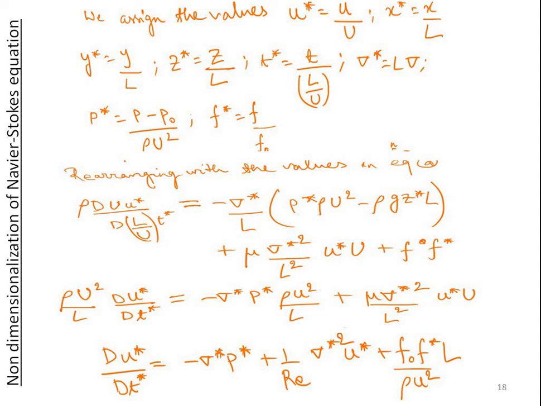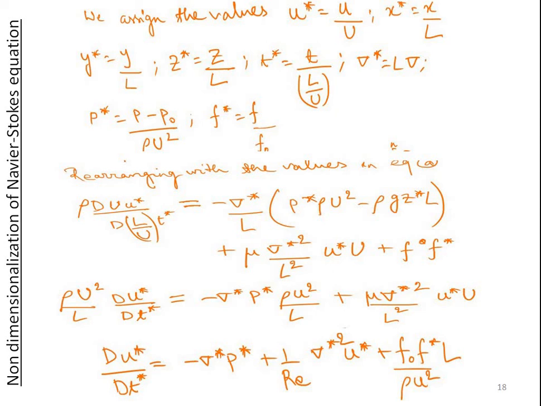Suppose there is a diameter of a channel, or there is a width of a channel. These are all characteristic lengths. Then we have y star is equal to y by L, z star is equal to z by L. Non-dimensionalized time is the ratio of time to the ratio of characteristic length to characteristic velocity. In this way it is found.